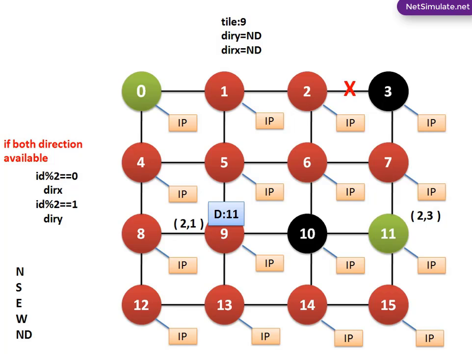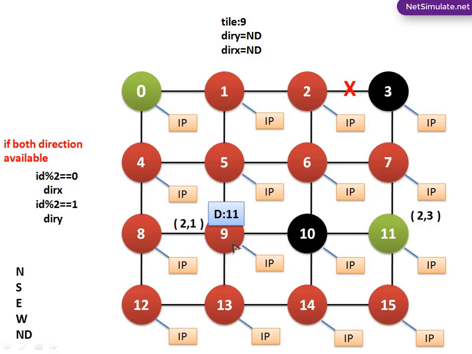Now node 9 having coordinate 2 and 1 and destination having 2 and 3, so x is compared with destination x coordinate, both are same. In that case there won't be any y direction, so y direction will be set as not defined.